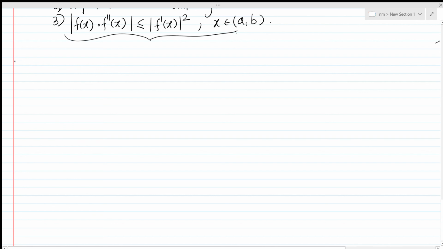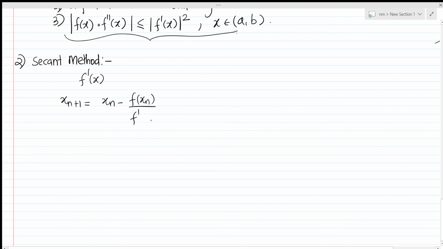The second open method is the secant method. The main problem in the Newton-Raphson method is the calculation of the derivative f dash x, because the update formula is x(n+1) equals xn minus f of xn upon f dash xn.